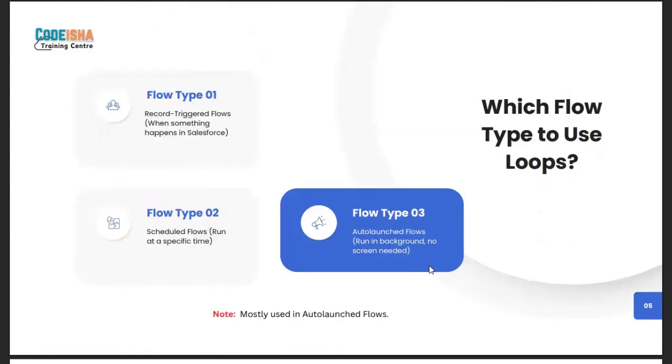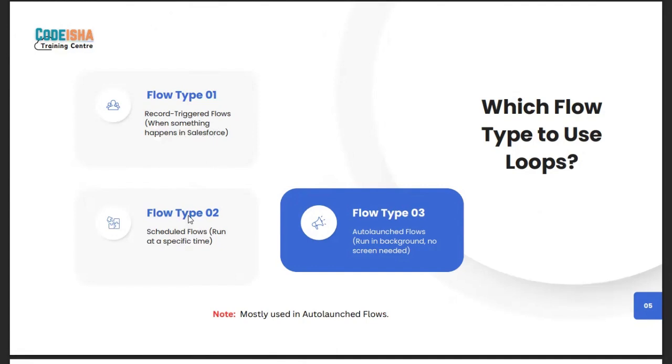And coming to which flow type to use with the loop element. Salesforce provides different types of flows, like record trigger flow, autolaunch flow, schedule flow, and screen flow. In those flows, we use the loop element specifically. We use it in the record trigger flow, which is used when something happens in Salesforce.